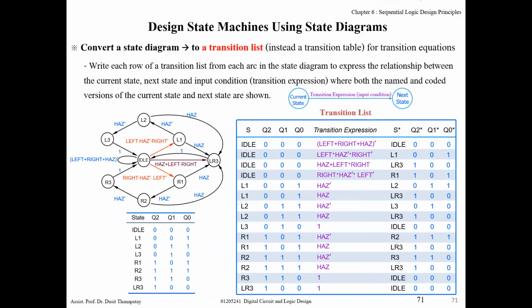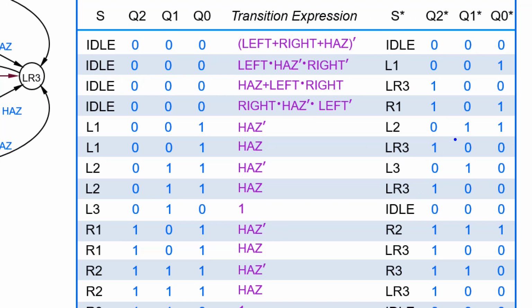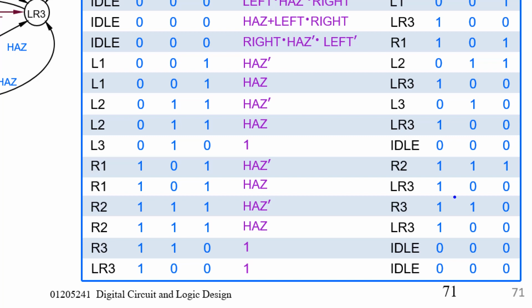So, for example, for q1 star, this one is q2 prime and q1 prime and q0 and hazard prime, or this one, q2 prime and q1 and q0 and hazard prime, or this one, q2 and q1 prime and q0 and hazard prime, and this one, 111, q2 and q1 and q0 and hazard prime.